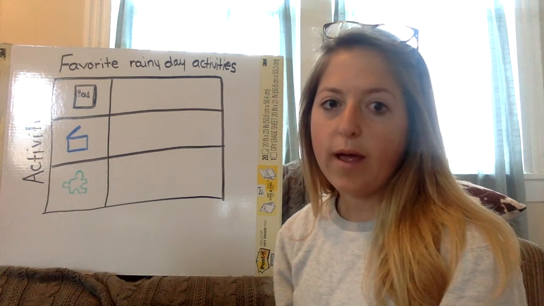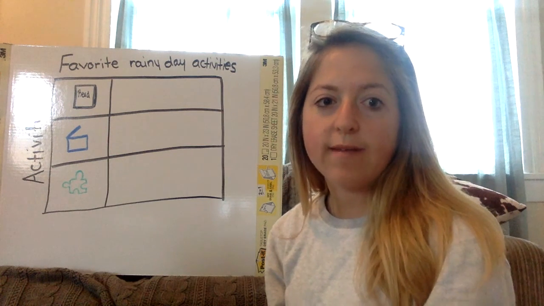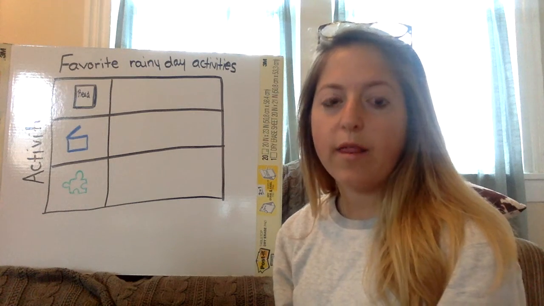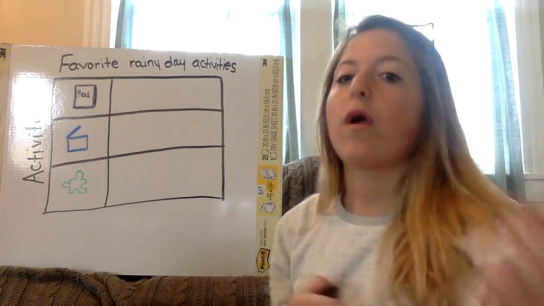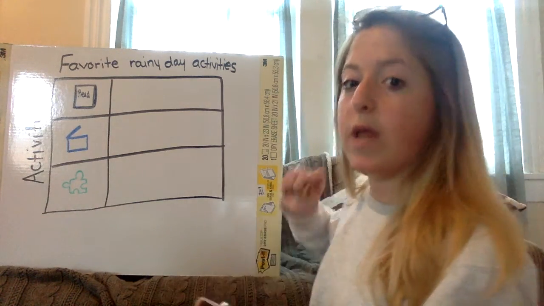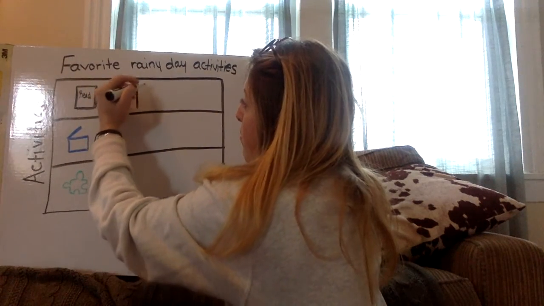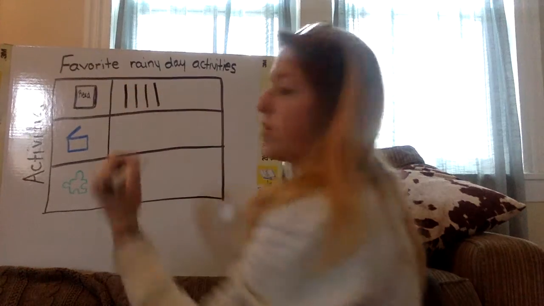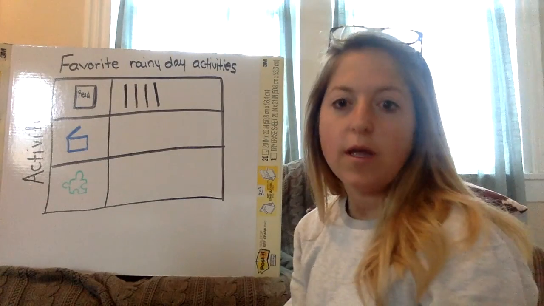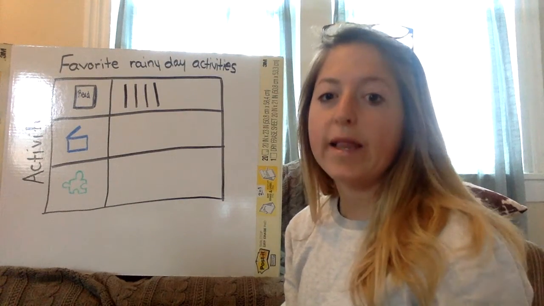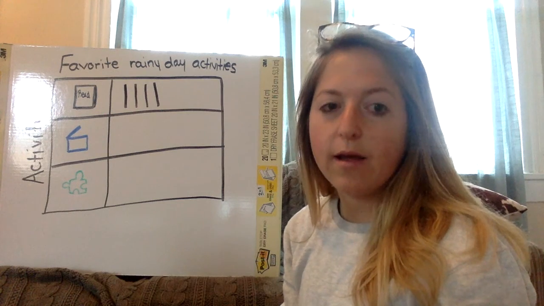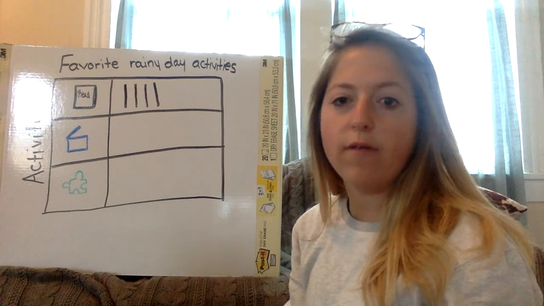And from my questions asking my family, I learned that four of my family members like to read. I wish it was a little bit more, but I'm just going to put four tally marks. Now, movies, I learned that eight of my family members love movies.